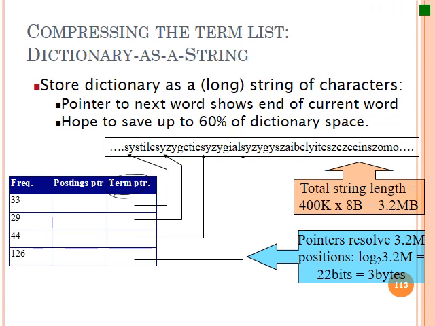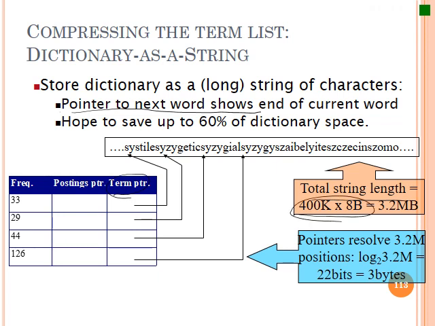The pointer to the next word shows the end of the current word. That's the smartness of this. If you do this, you are not wasting any space. So the total string length will be roughly, of course, this is an estimate.